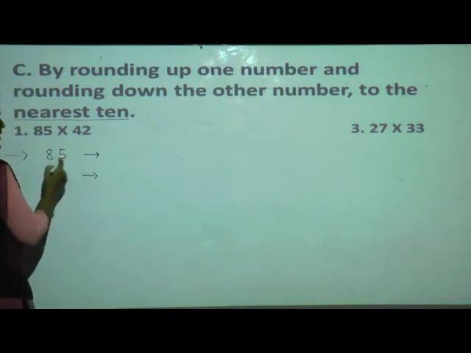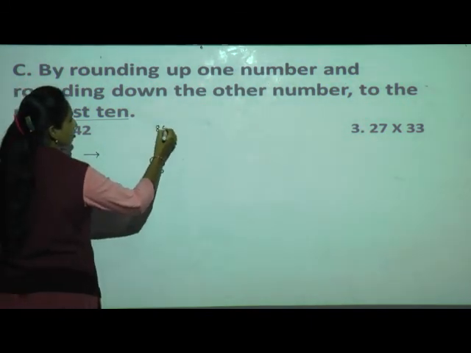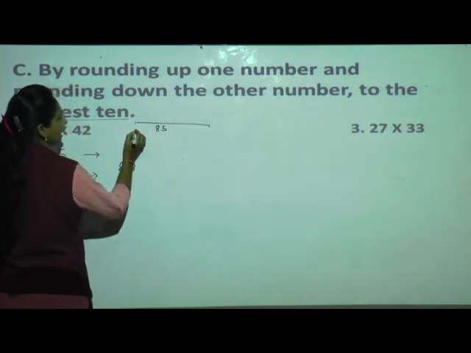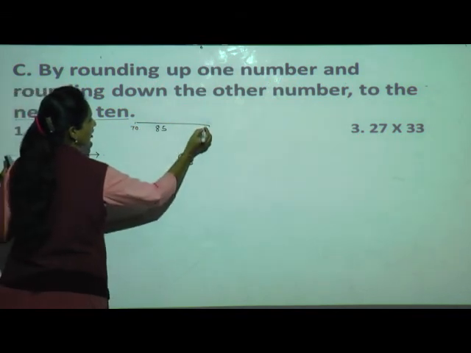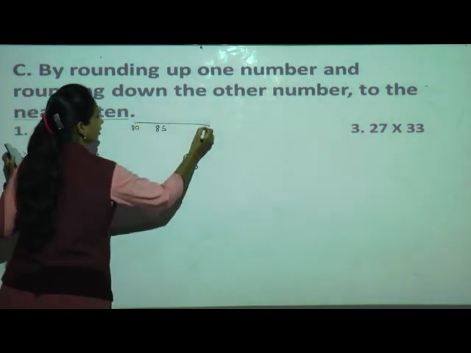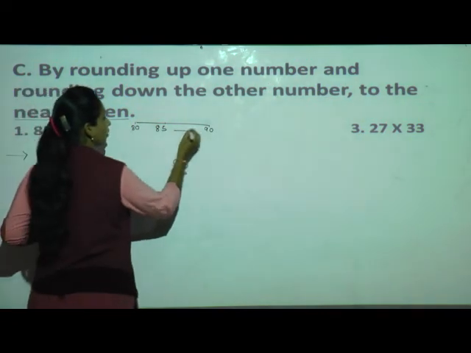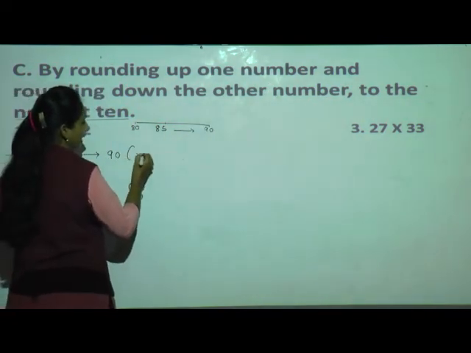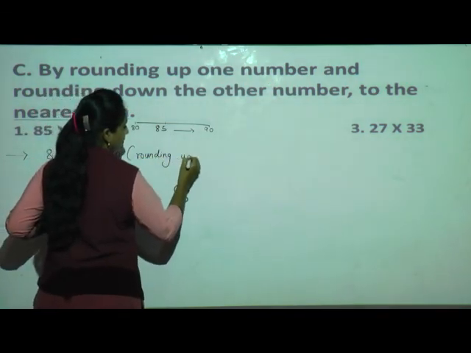Now 85, 5 is there. 85 lies between 80 and 90 in the table of 10. Somewhere between it comes. So when we are taking rounding up, it goes to 90. So write in bracket rounding up.